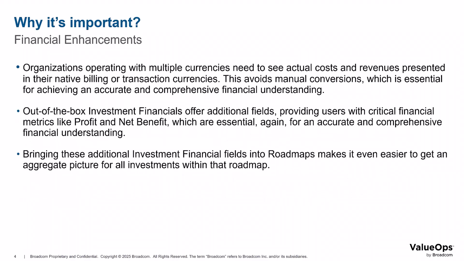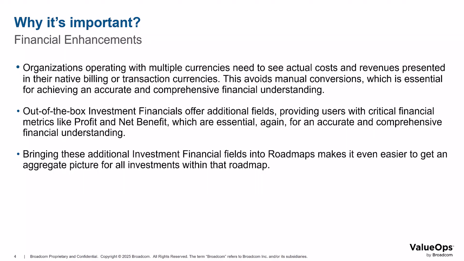And why are these enhancements necessary? Presenting costs and revenues directly in their native billing, transaction, or reporting currency is essential for multi-currency organizations, preventing manual conversion errors and enabling accurate, comprehensive financial insight.